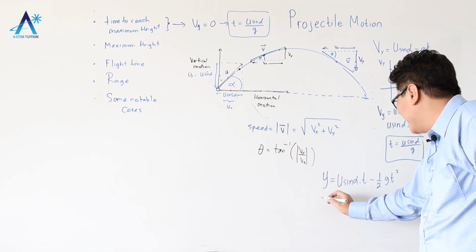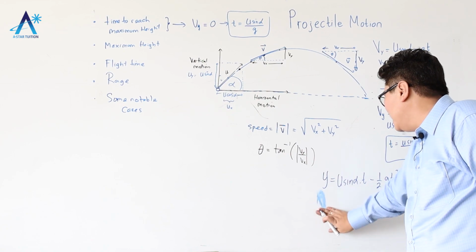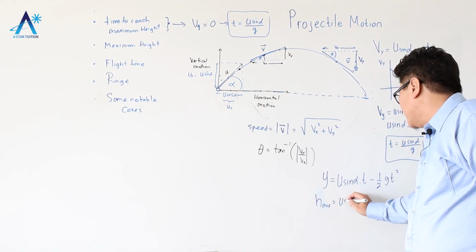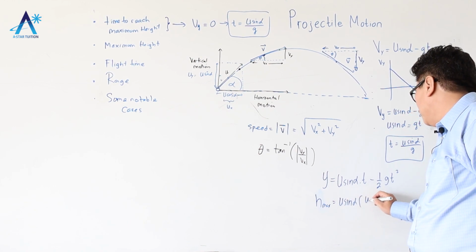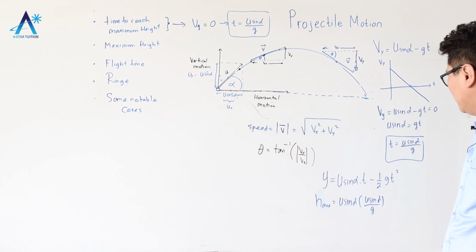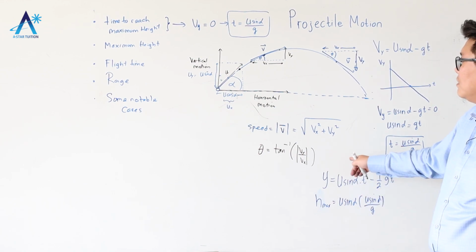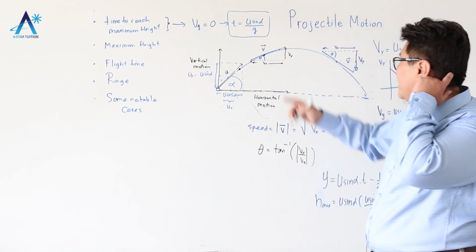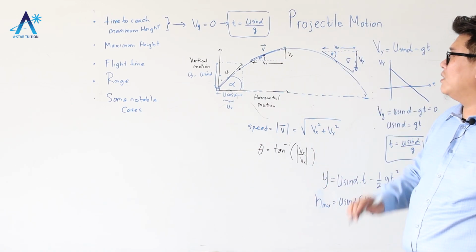Right? Okay, so let's do this. In this case, h maximum is equal to u sine alpha times u sine alpha over g. So what I did here is I substitute this arbitrary time with this particular value of time, which is the time to reach maximum height.